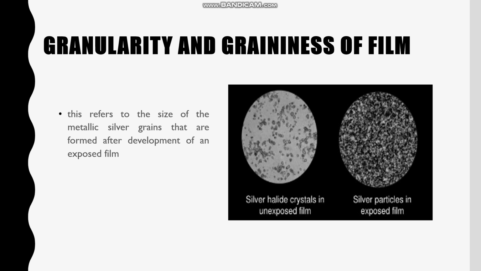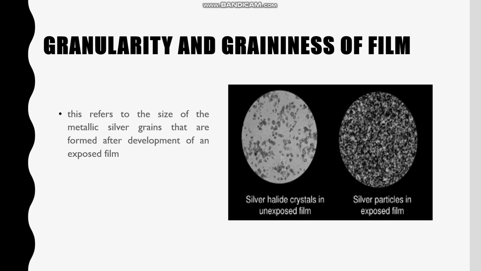So in short, again, the granularity and graininess ng film, it is the texture or the optical texture ng process film natin o yung negative na tinatawag na natin due to the presence of metallic silver. Diba na na-develop from silver halide na naging metallic silver at lumabas na yung ating image.